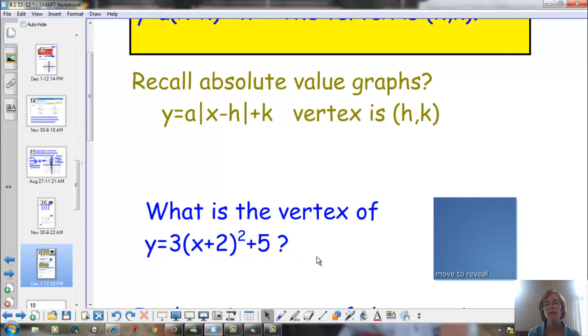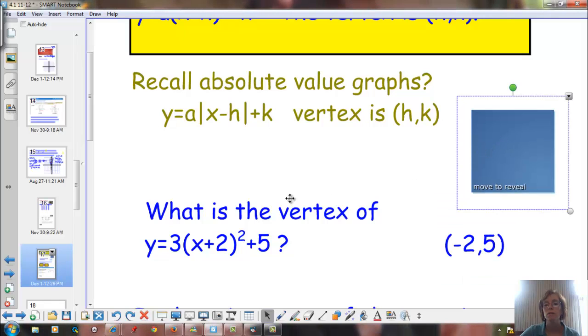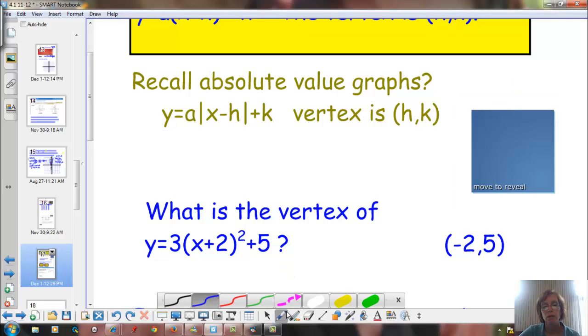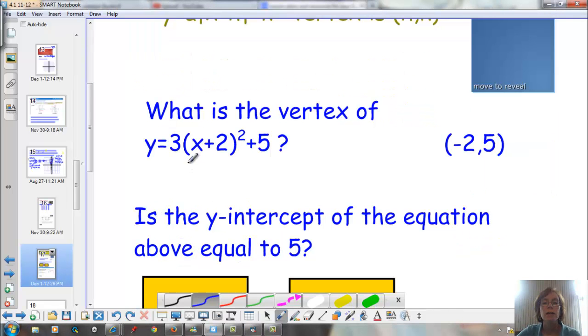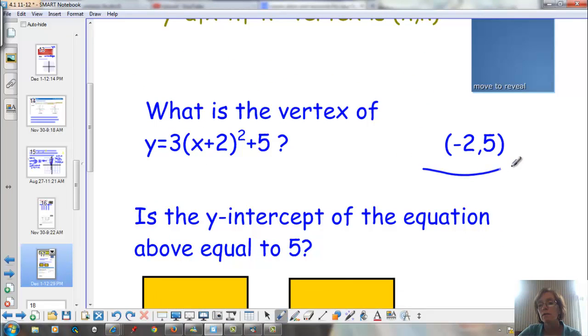3 times x plus 2 quantity squared plus 5, and the answer to that is negative 2, 5, because negative 2 is the number being subtracted from the x itself. So the vertex is negative 2, 5, and the reason it's negative 2, 5 is because what number is being subtracted from the x?